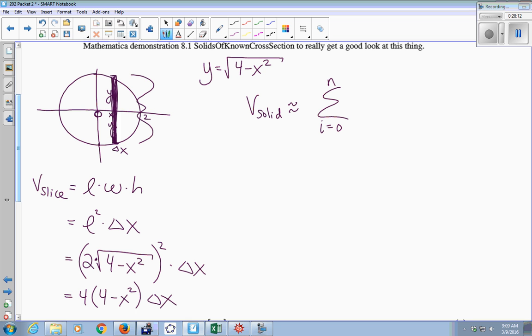Each of those slabs is going to have area 16 minus 4 x sub i squared, times delta x.